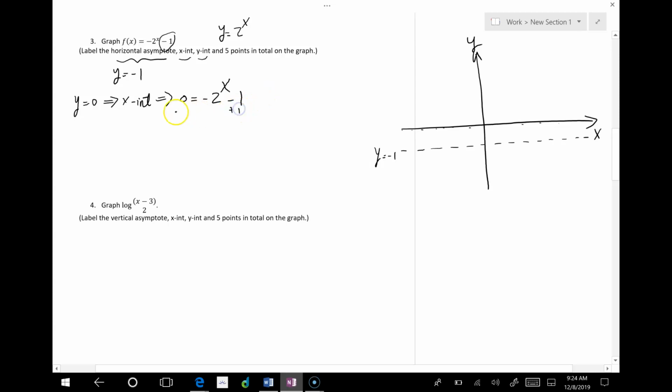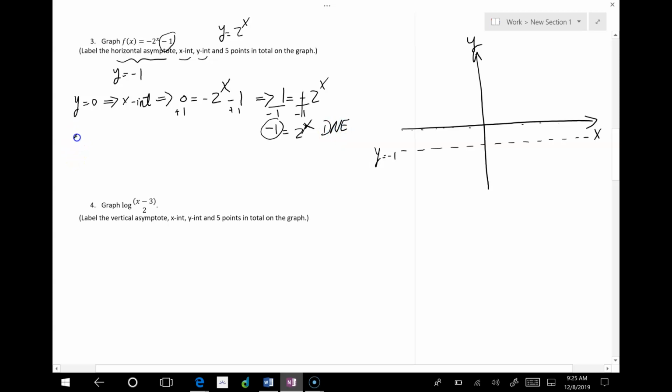You add 1 to both sides. 1 is equal to negative 2 to the power x. You divide both sides by negative 1. So negative 1 is equal to 2 to the power x. 2 to any power will not be a negative number, so this does not exist.